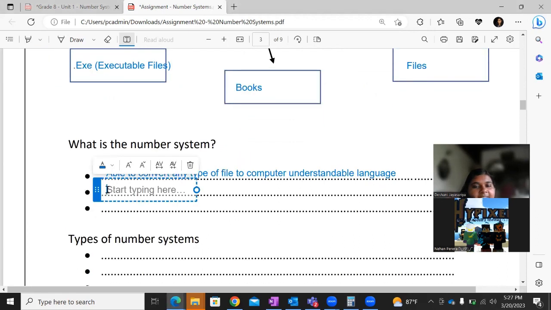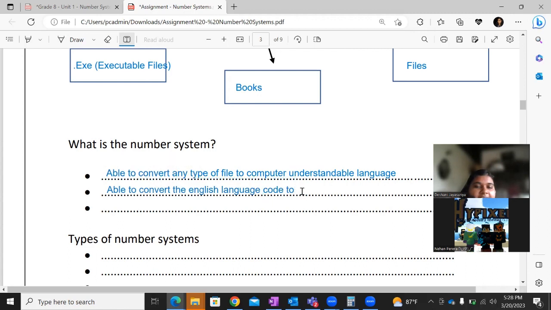You can write it: able to convert English language code to any language.